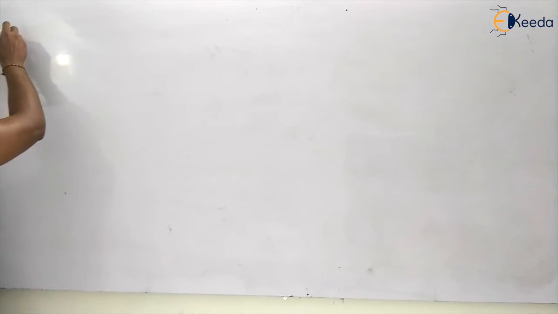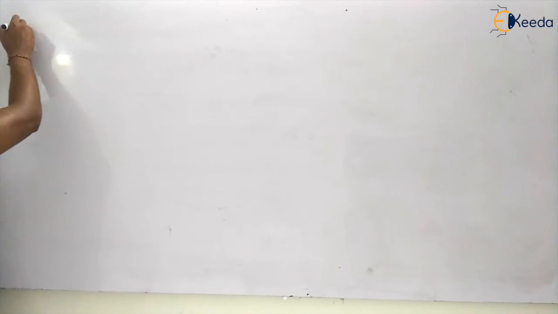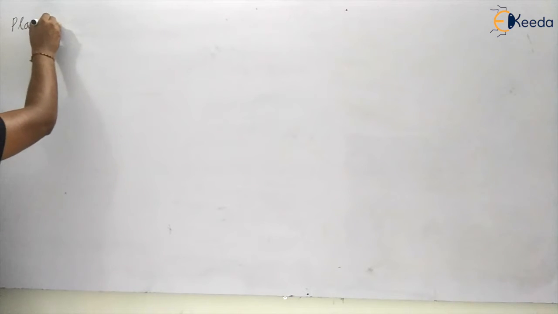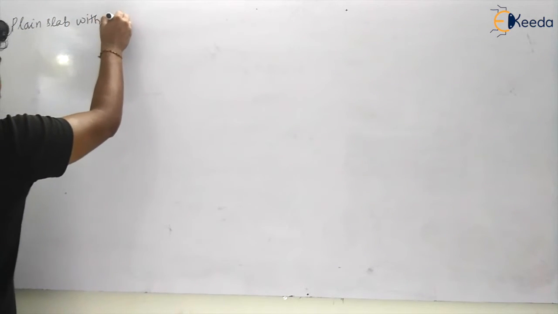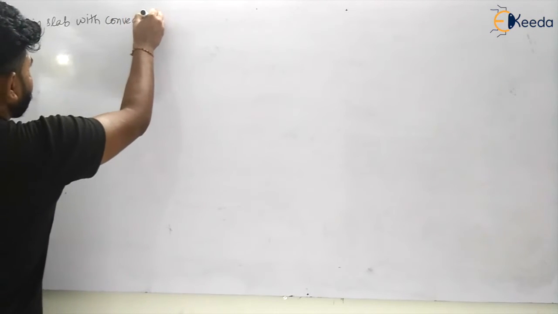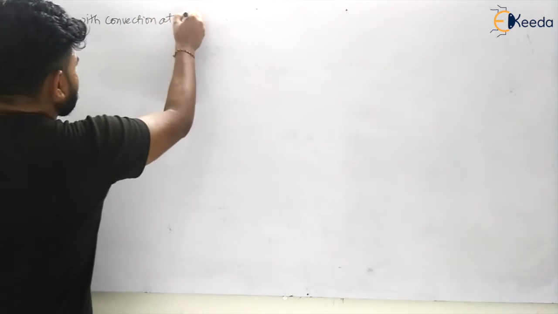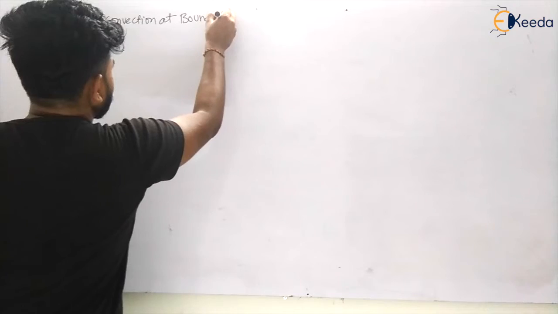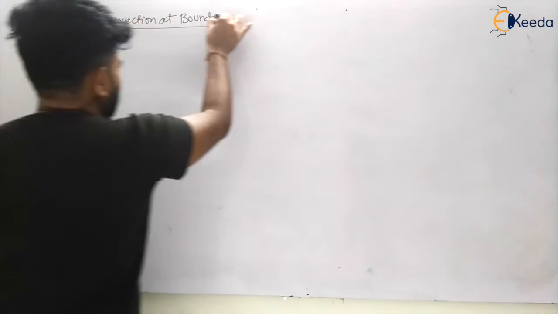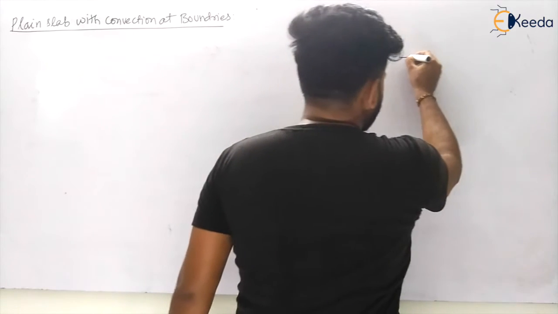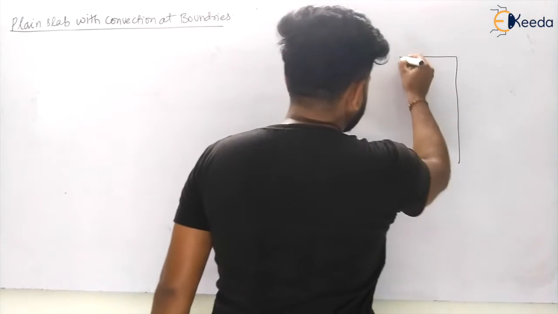So my dear students, plane slab with convection at boundaries. With convection at boundaries we are studying. So let us see a plane slab. So there is a plane slab.